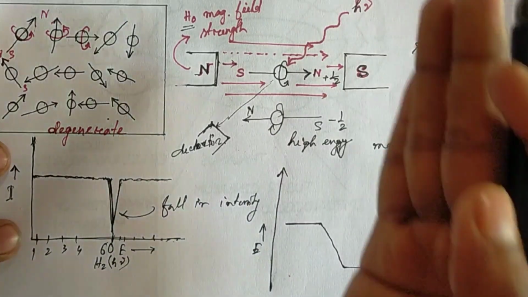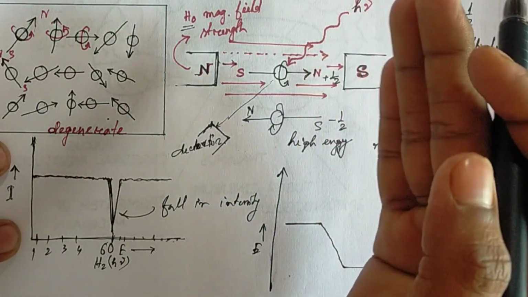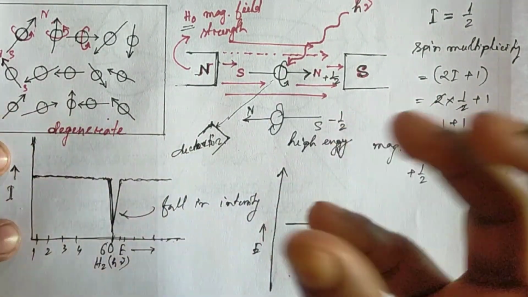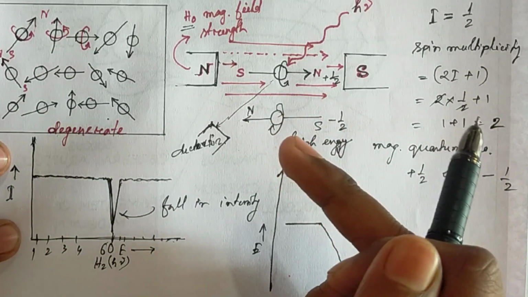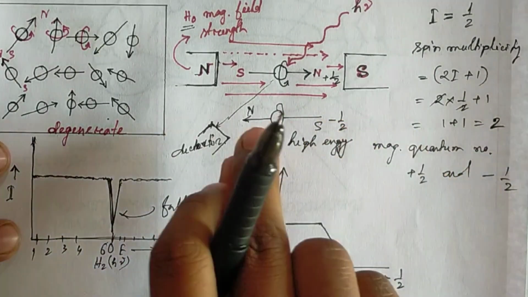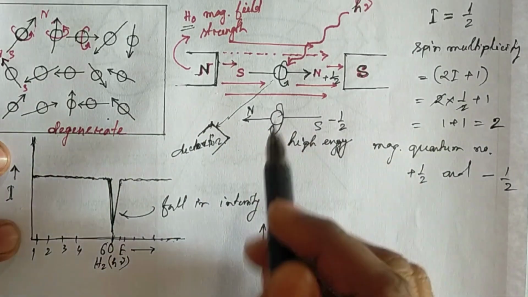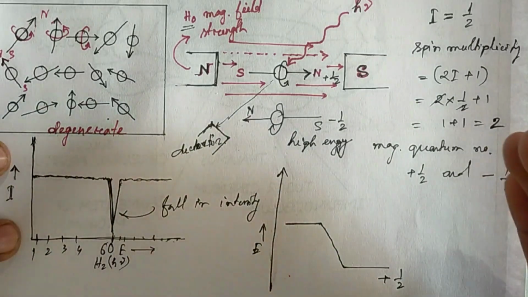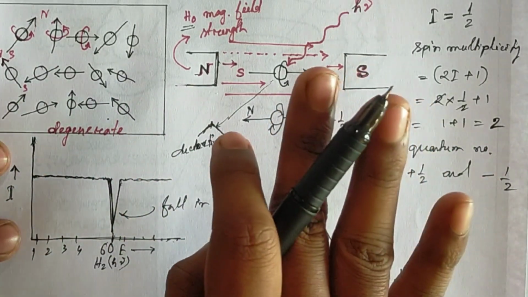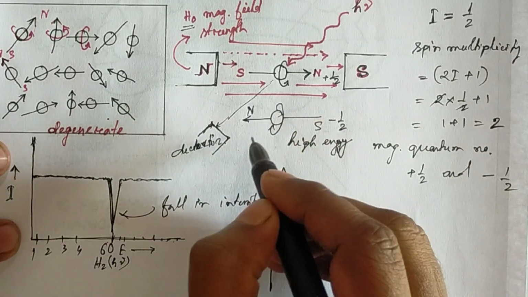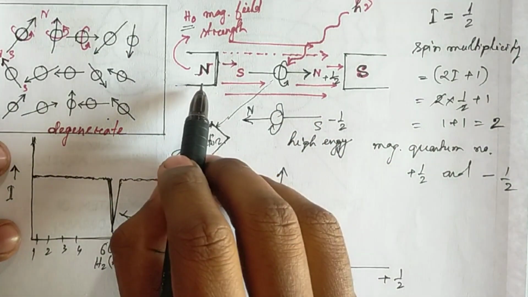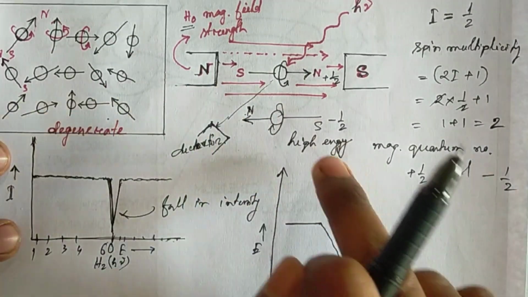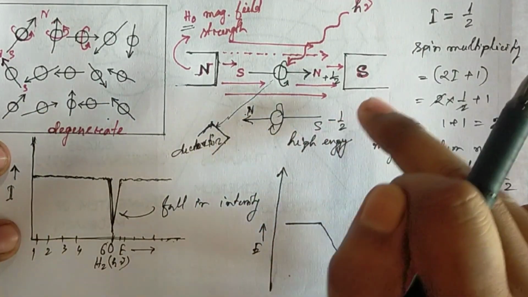And again, when we give some radio wave which has some energy, that nucleus will absorb that energy, and after absorbing that certain energy, it will flip its direction to this orientation. As spin multiplicity is 2, there are only 2 possible orientations. In this orientation, the north pole will be repelled by this north pole, and this south pole will be repelled by this south pole.